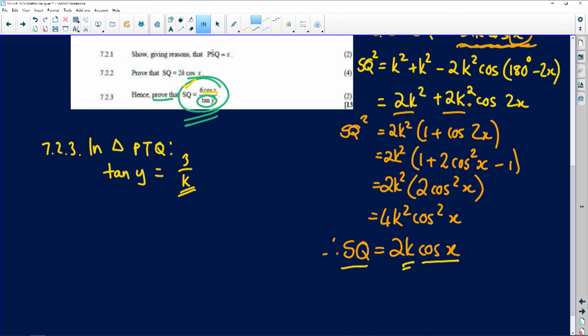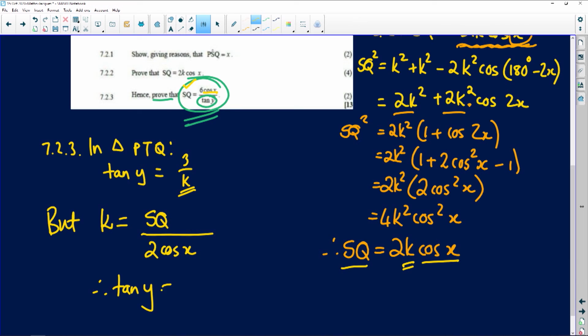Where's the k? It's right over there. So I'm going to say, but what is k? K is SQ divided by 2 cos x. And therefore, the tan of y will be 3 over this thing over here, SQ over 2 cos x.